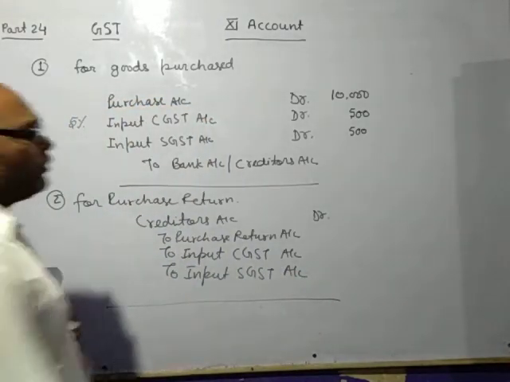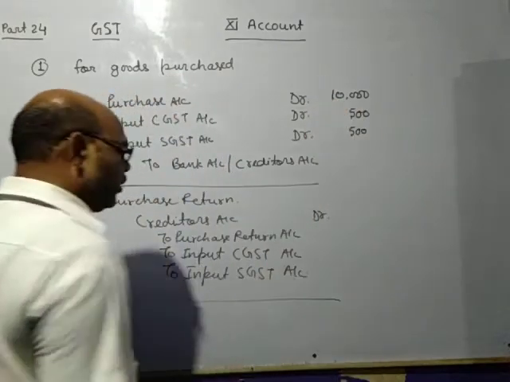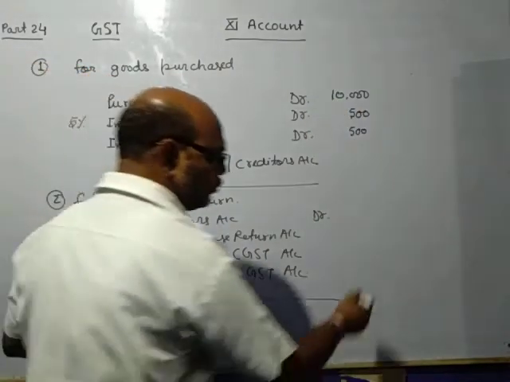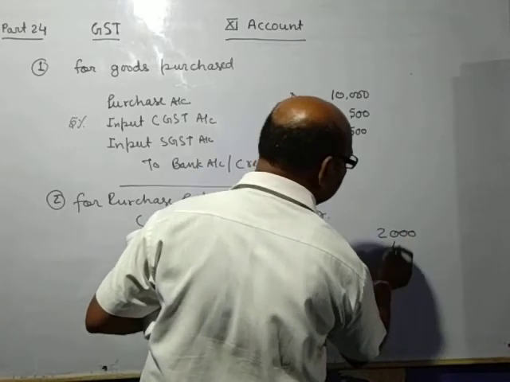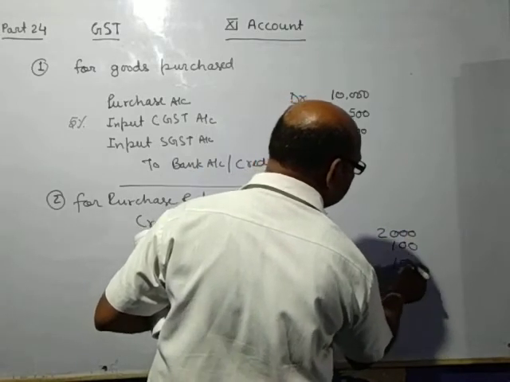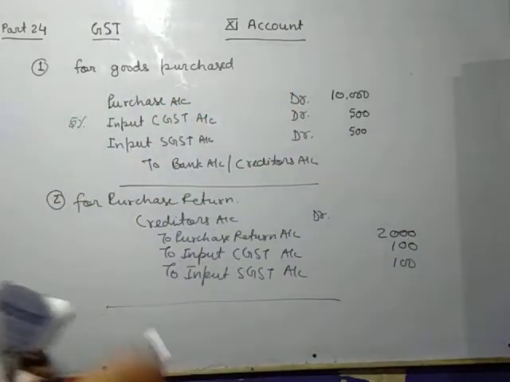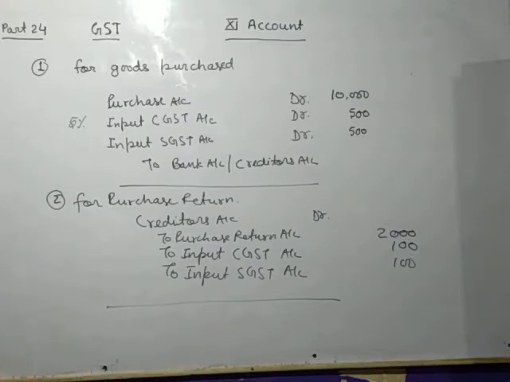For example, out of 10,000, you have returned goods of 2,000. So the tax related to 2,000, that is 100 rupees, that will also be cancelled, and the government will return this to you.